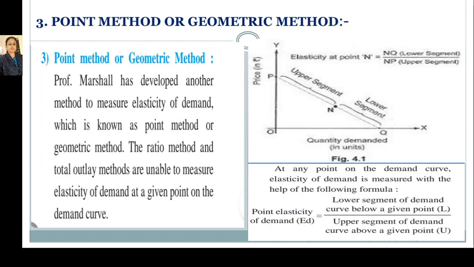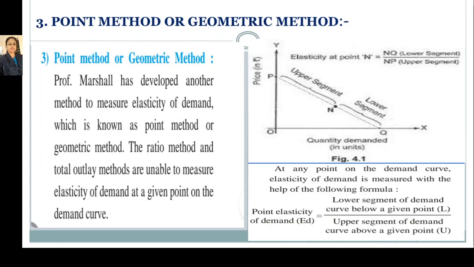The ratio method and the total outlay method are unable to measure elasticity of demand at a given point on the demand curve. This is the method through which we can measure the elasticity at a point on the demand curve when we don't have any numerical values, and we have to find only the elasticity at any demand curve.